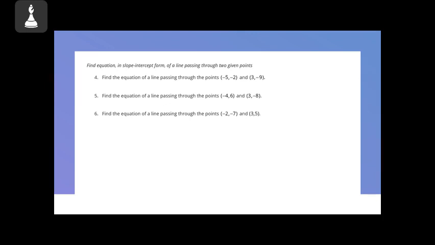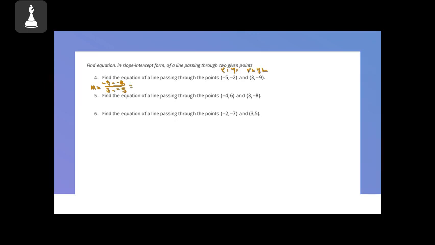We have 2 points, -5, -2, so x1, y1, and 3, -9, x2, y2. So before we can do anything, we have to find the slope. I'm going to take y2, -9, minus y1, -2, all over x2, 3, minus x1, -5.